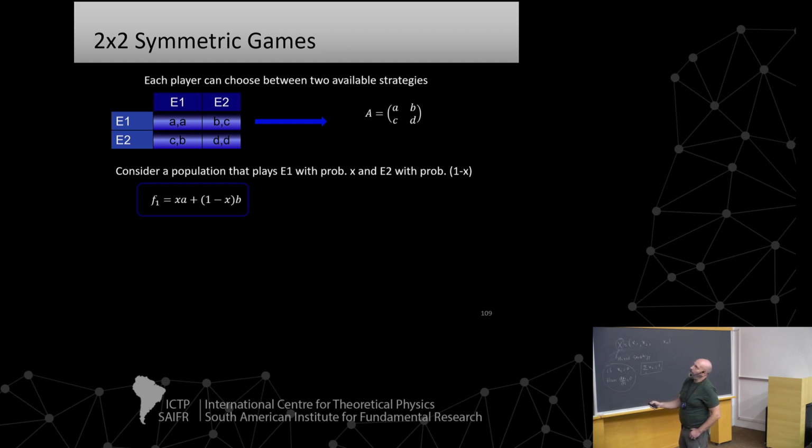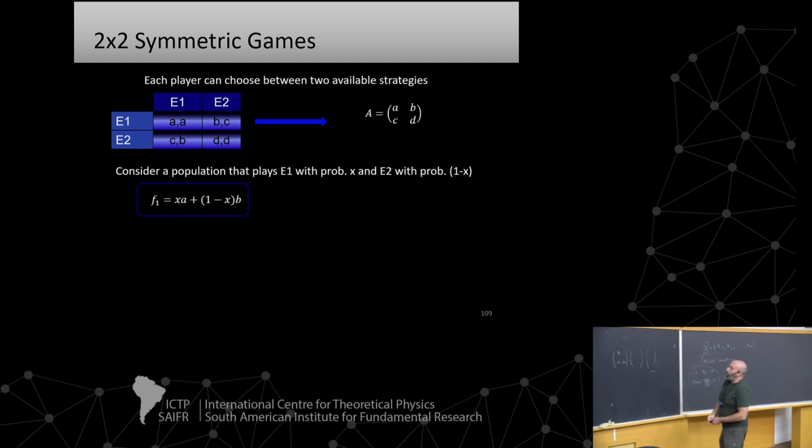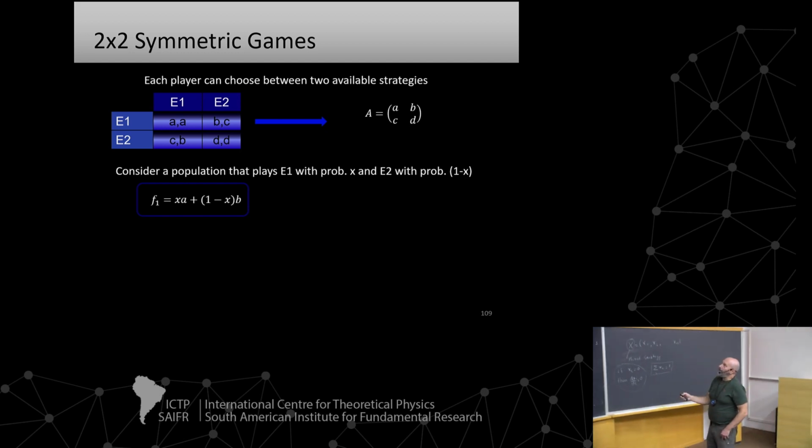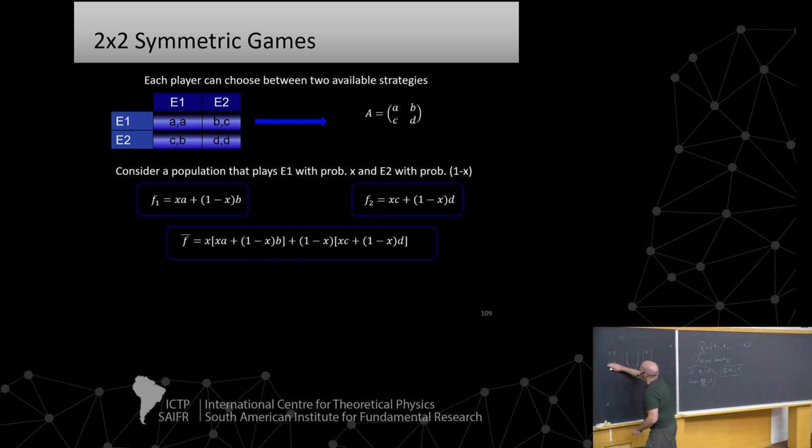I am calculating this fitness by doing the usual procedure. That means (x, 1 minus x) with A, and here the rest of the population. So for that population, the fitness will be this one. So this is the mean payoff. I will write this in this way.